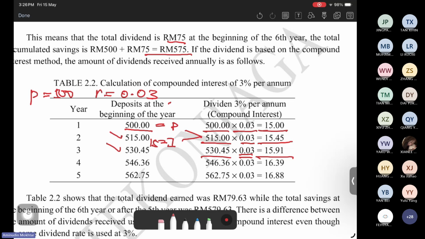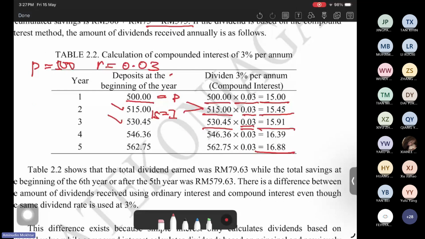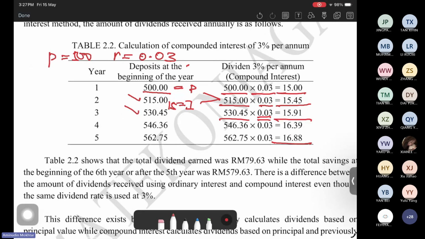And this process continues until, for example, year 5. So we can conclude here that at the end of year 5, or at the beginning of year 6, your total saving is 579.63.